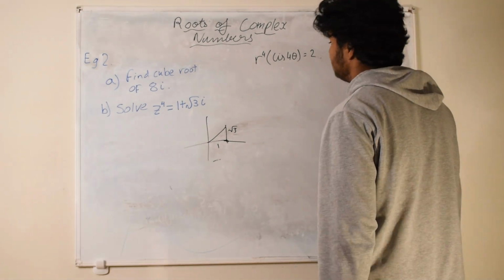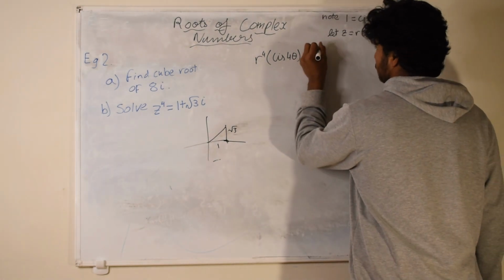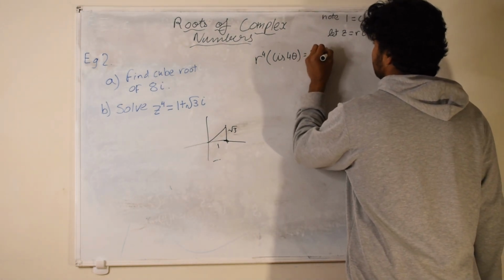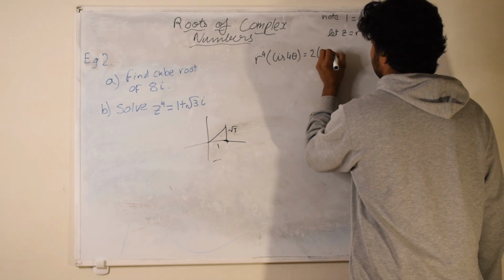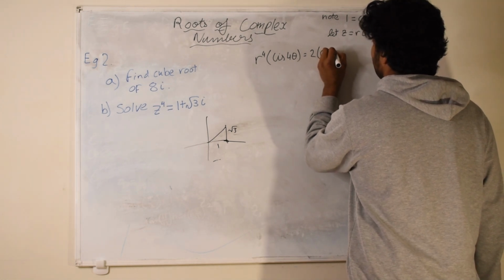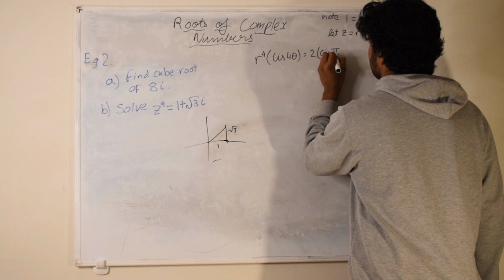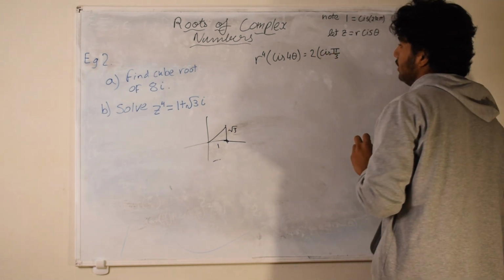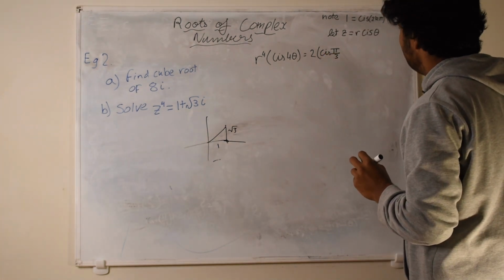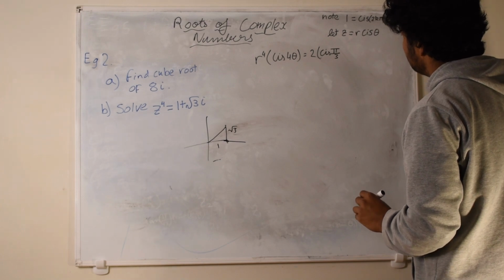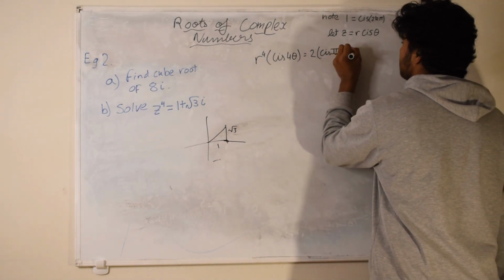So I put that in, so this gives me 2 bracket cis pi on 3 bracket, and then again plus 2k pi.